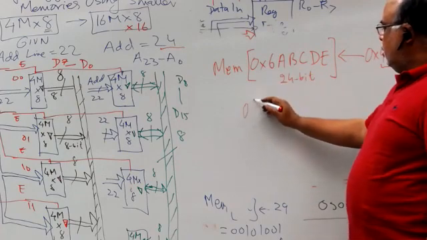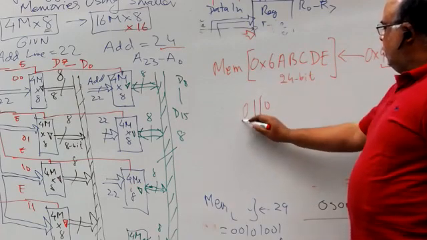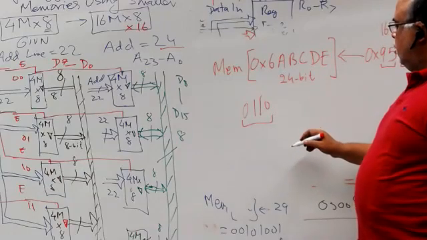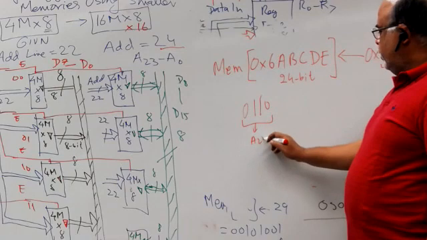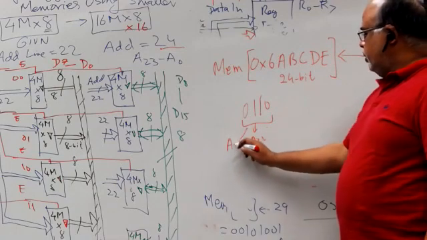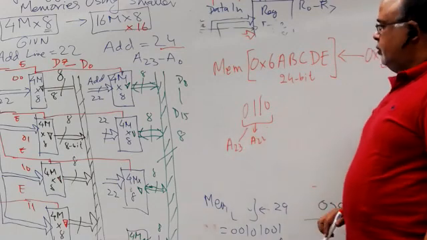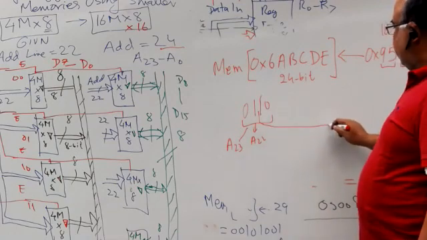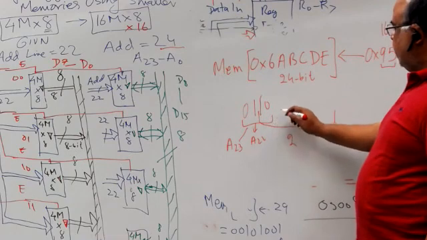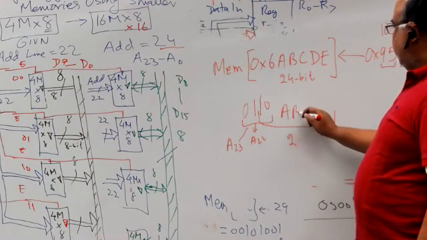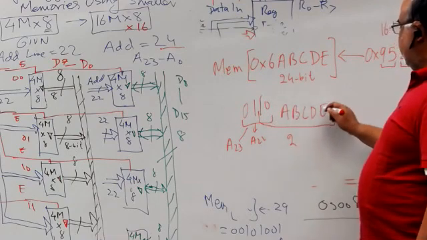This 6 has 0, 1, 1, 0, and this address line is A22 and this address line is A23. But the rest of this is a 20-bit address. I write this in binary, and the rest, A, B, C, D, E, is in hex.